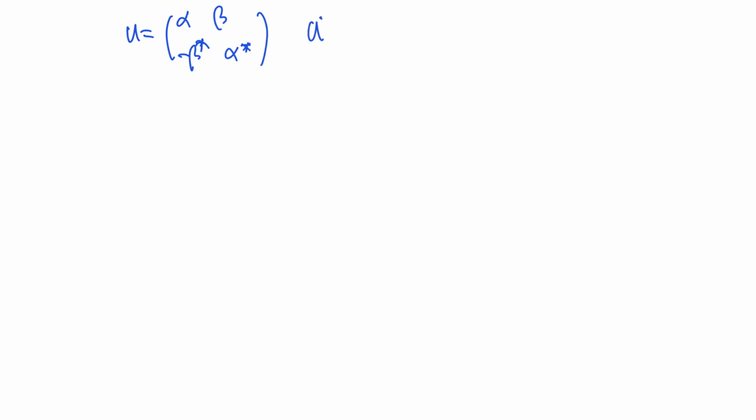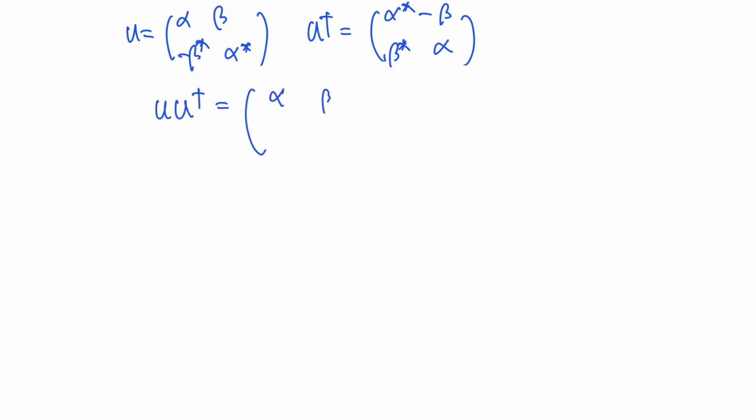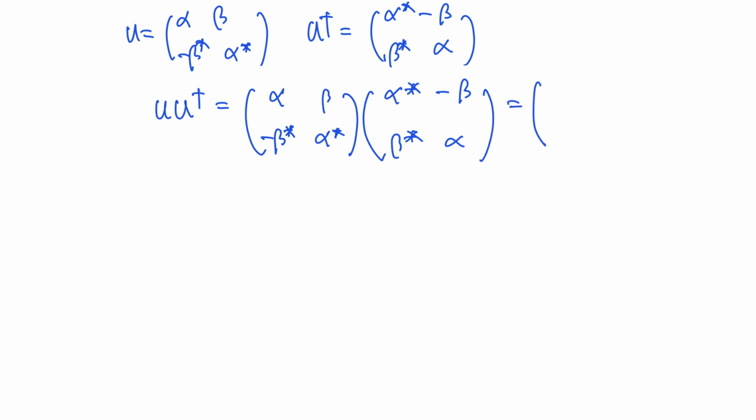Your dagger is alpha, minus beta, beta complex conjugate, alpha, right? So U dagger is now alpha complex conjugate, minus beta, beta complex conjugate, alpha, times alpha, beta, minus beta complex conjugate, alpha complex conjugate.